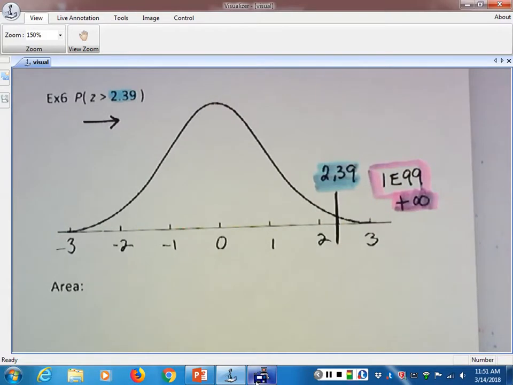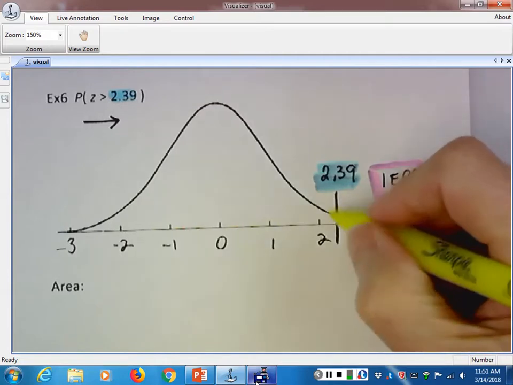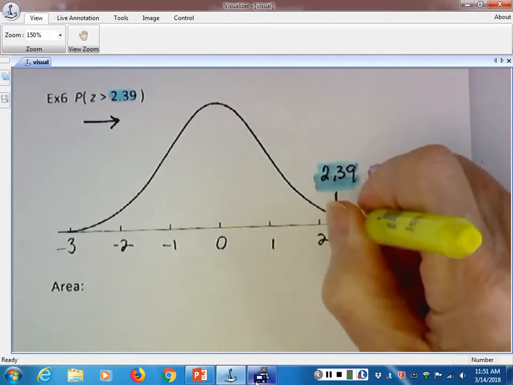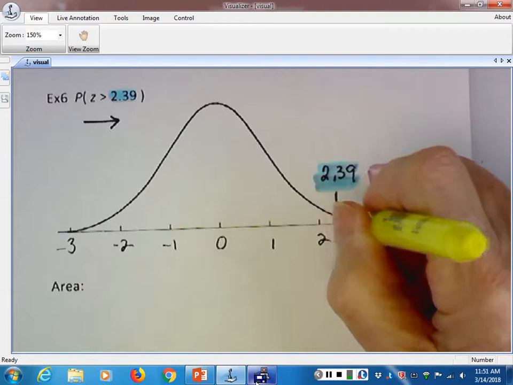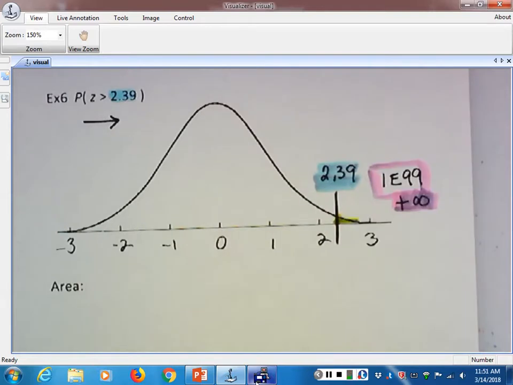So when we put in our command, the area that we're going to find is a very, very small area. Just that very little bit right there. Which means the answer that we're going to get should be less than 5%. In fact, it should be quite a bit less than 5%. It should be very small.